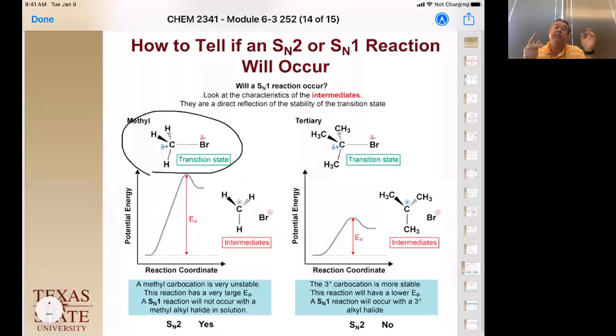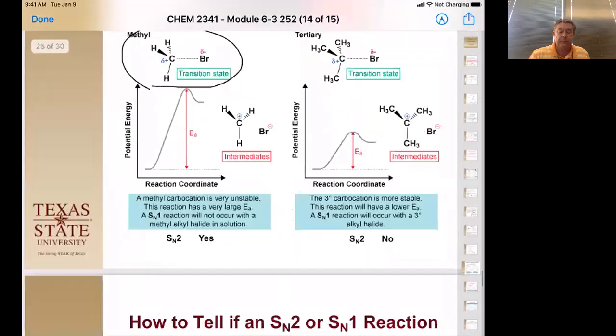In the tertiaries, we have sterics hurting us in our SN2 reaction, so it's not going to go. So we have a stable intermediate, so electronics are favored here. So sterics aren't favored, but electronics are favored, so we go through an SN1 reaction. Okay, so we're starting to look at substrates, sterics, and electronics kind of blending together to tell us which way to go. Okay.